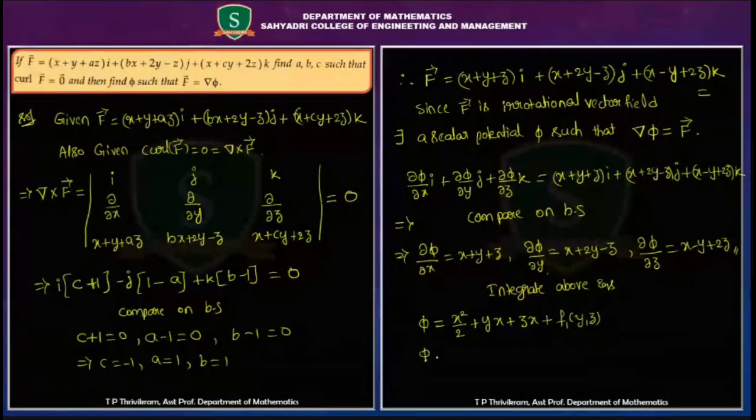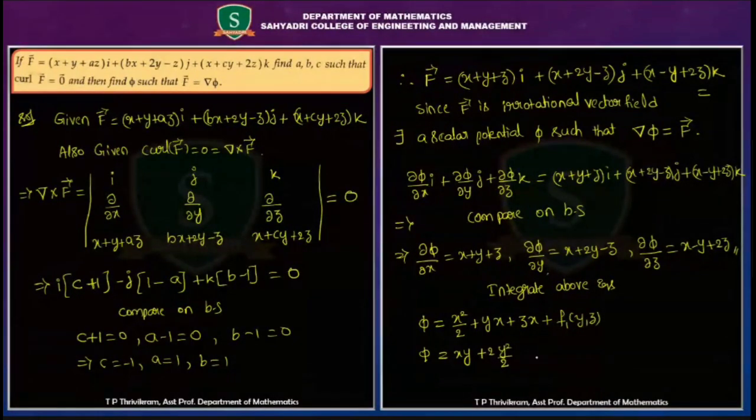Next, phi is equal to xy plus 2y square by 2 minus zy plus f2 of x comma z.